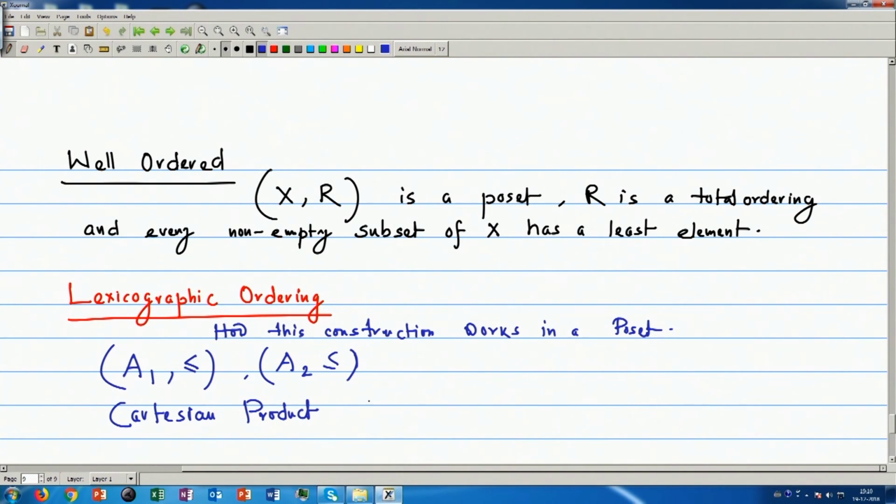So, we can take the Cartesian product A1 cross A2 cross, say up to AN.